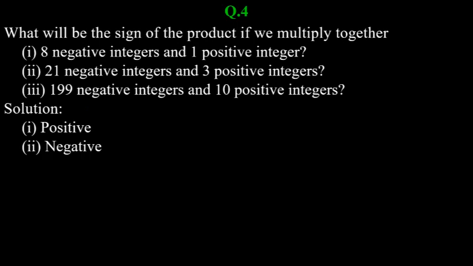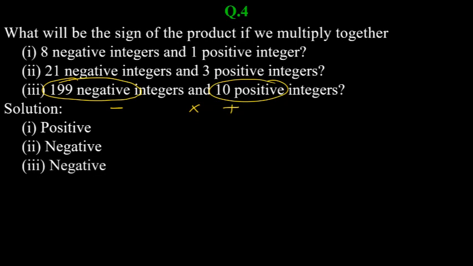Samar, think again. 199 is odd number, not even number. 199 negative numbers will give you negative. Multiplied by 10 positives, positive will always give you positive. Minus into plus will give you negative. Yes, Sushmita, correct.